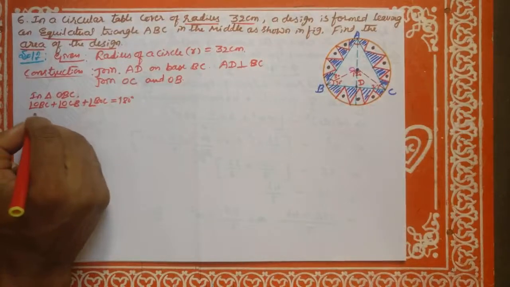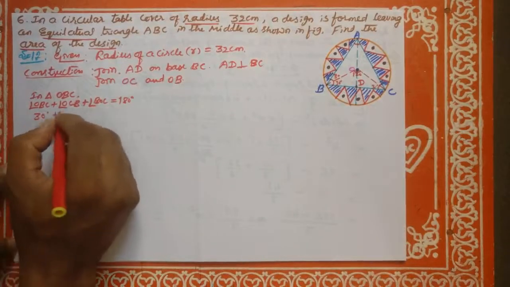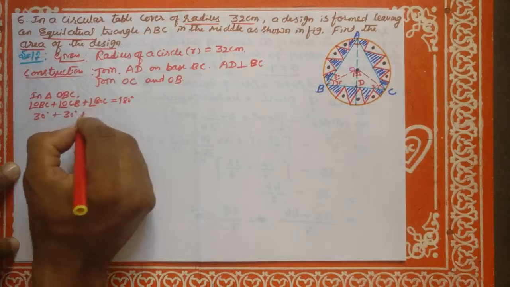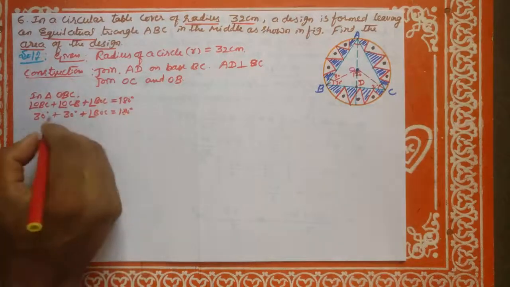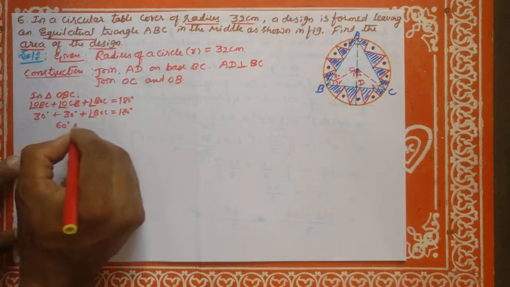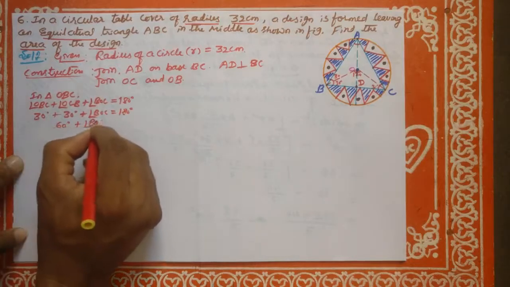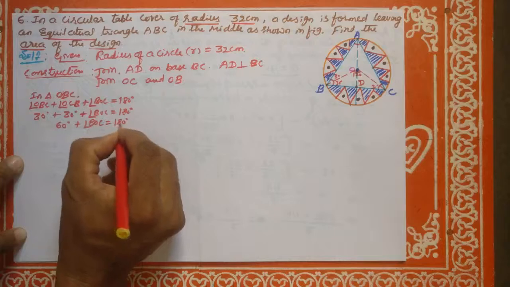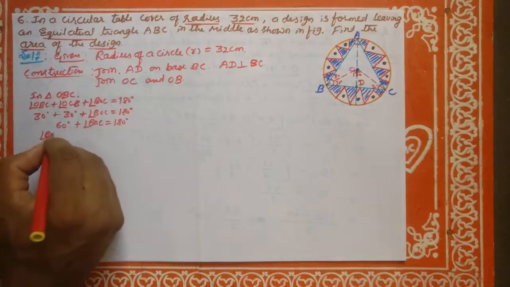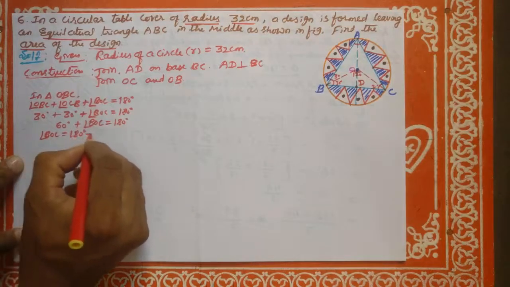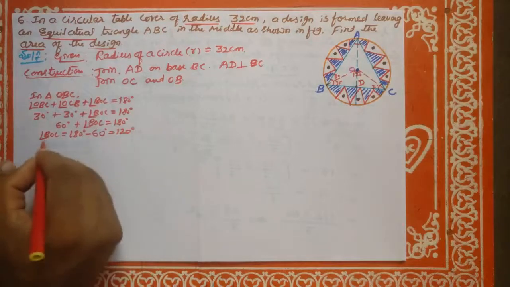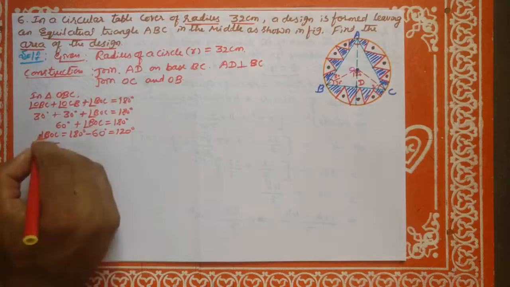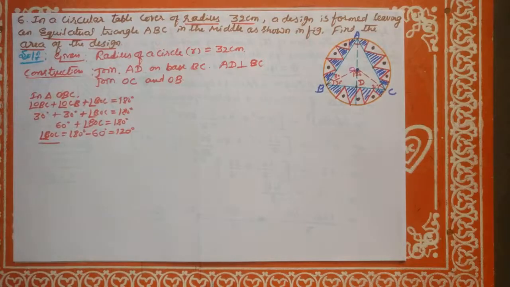Therefore, here we will get 30 degree plus OCB is also 30 degree, plus we need to find out angle BOC is equal to 180. Therefore, this is 60 degree plus angle BOC is equal to 180. Therefore, angle BOC is equal to 180 minus 60 degree, which is equal to 120 degree. Angle BOC is equal to 120 degree we get.